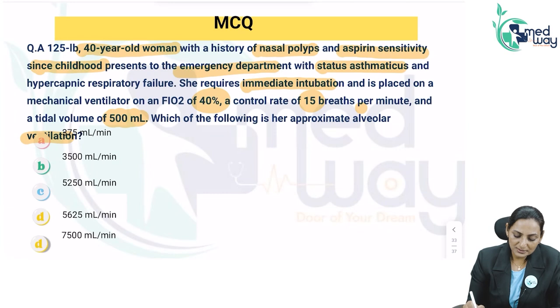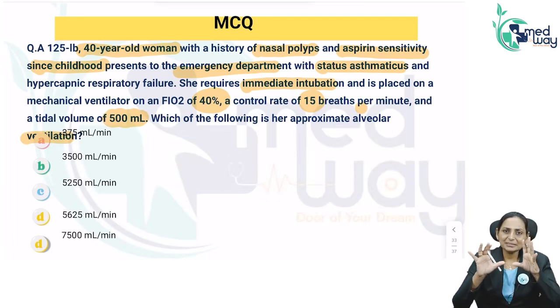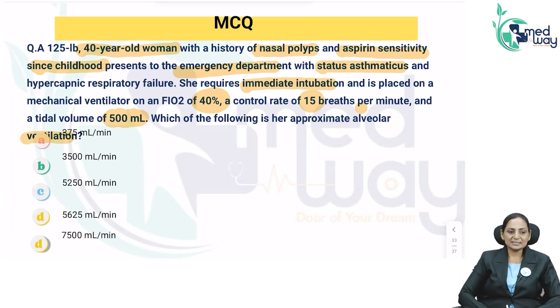What is the approximate alveolar ventilation? Now see, you are supposed to calculate the alveolar ventilation. This is the simple thing that is being asked, but beautifully scripted in the form of a typical INI-CET scenario-based question. But I am only interested in knowing whether you are able to calculate your alveolar ventilation.